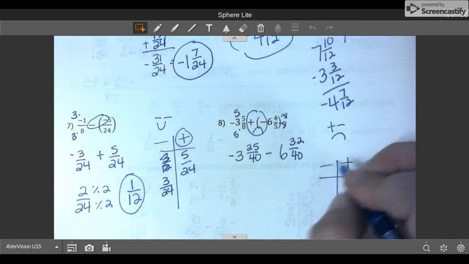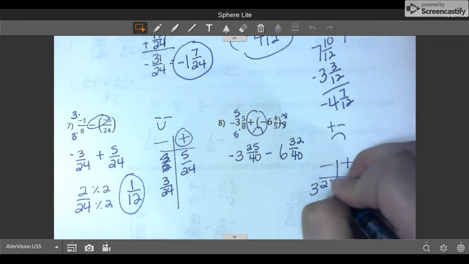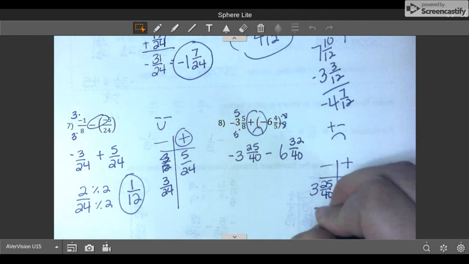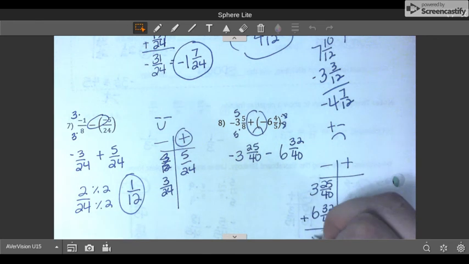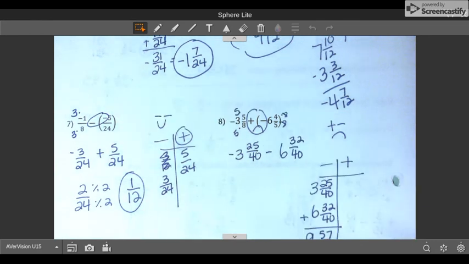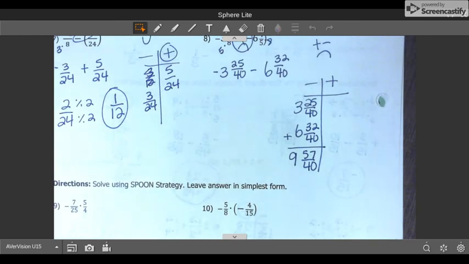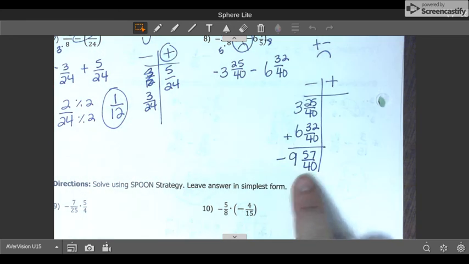These are going to fall on the same side of my scoreboard. So I'm going to add them. All right, so the negatives win, and you're going to notice that this is not a proper answer because this is an improper fraction.